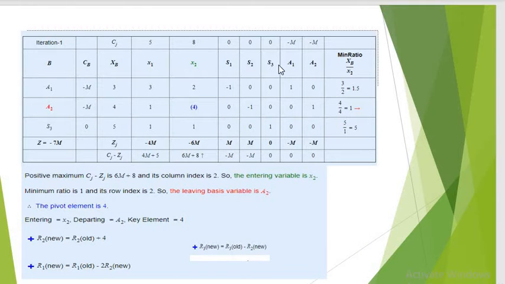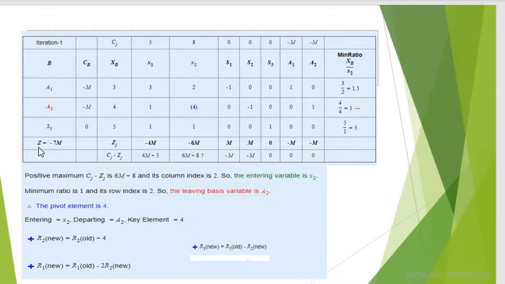From the initial simplex table, the basic variables are a1, a2, s3, and the coefficients of these basic variables in the objective function are minus M, minus M, 0. The Cj values are the coefficients of x1, x2, s1, s2, s3, a1, a2 in the objective function, and other values we can write from the equations.